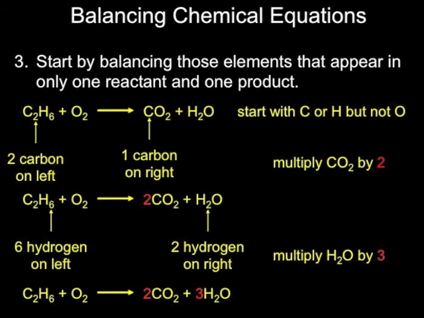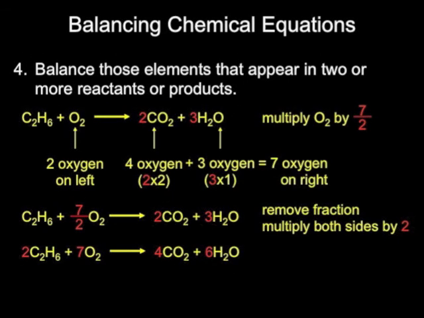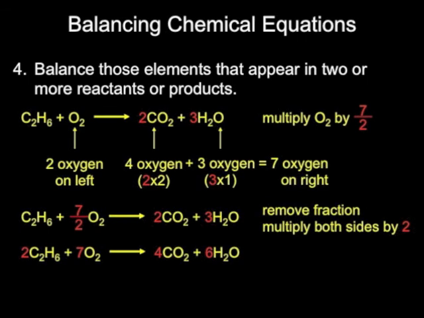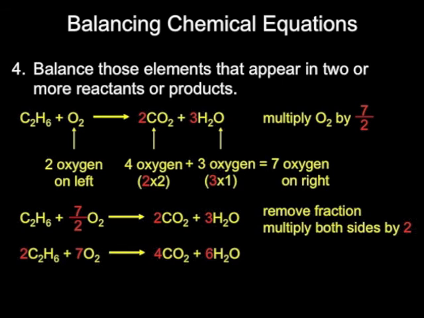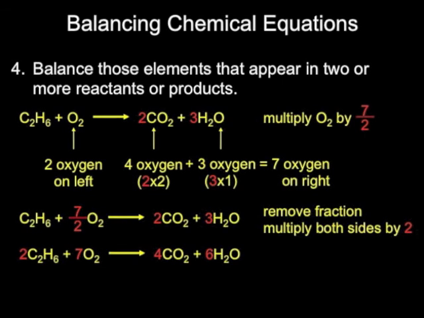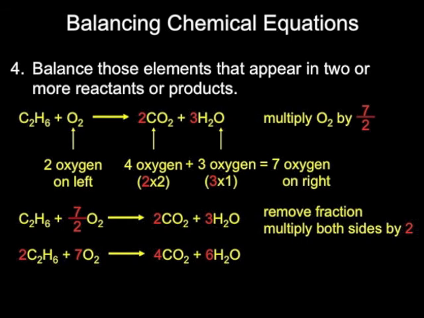So now we have to worry about that one where we have atoms in more than one case. So we're going to balance those atoms that appear in 2 or more compounds as our 4th step. So if we look on the reactant side, we have 2 oxygens. We have a total now of 7 oxygens on the products because each carbon dioxide gives us 2, but there's 2 carbon dioxides, so the carbon dioxide brings 4 oxygens. Each water brings 1, but there's 3, so that gives us 3.